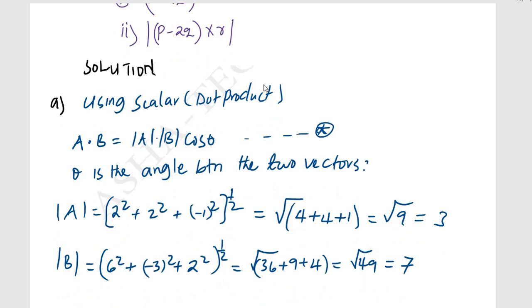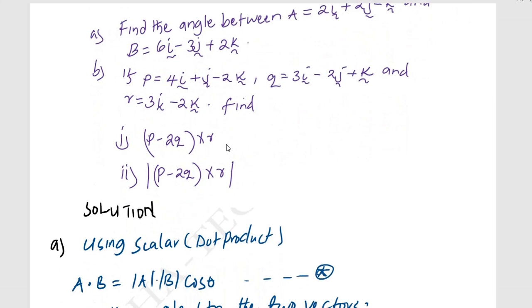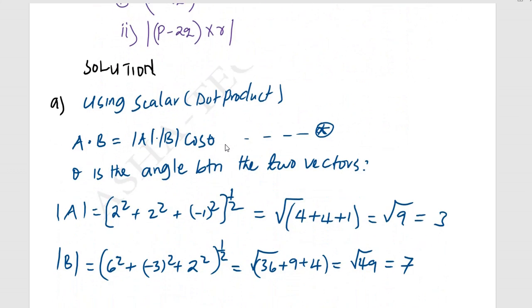Solution 1 says we have vector A and vector B and they want the angle between the two vectors. For us to determine the angle between the two vectors, we use what we call a scalar product or a dot product.